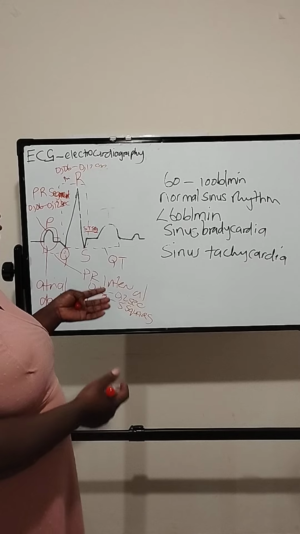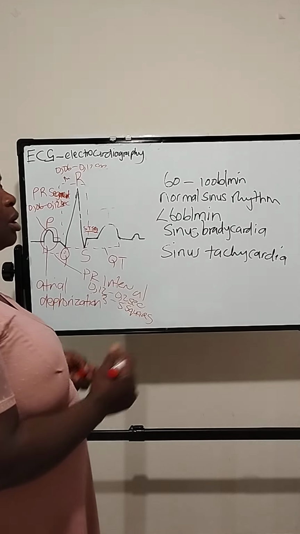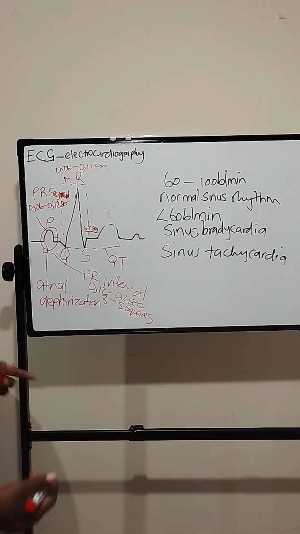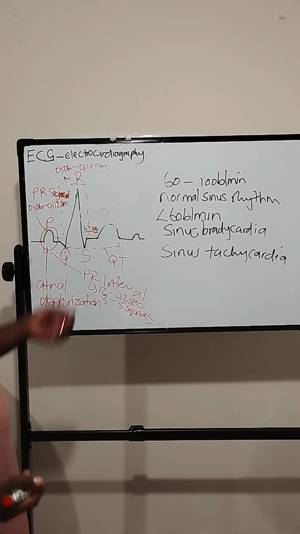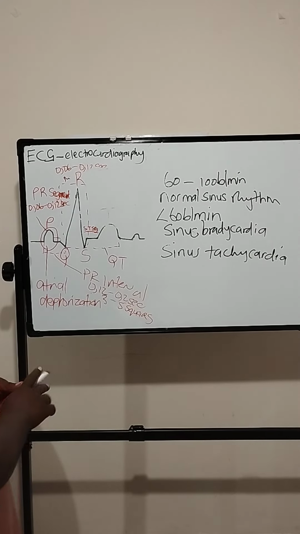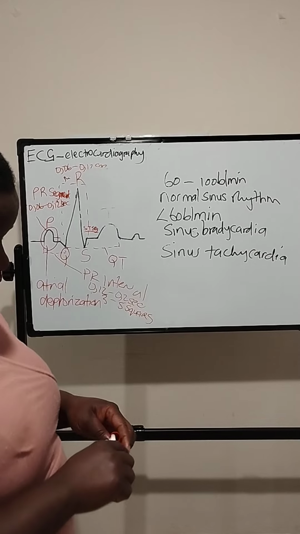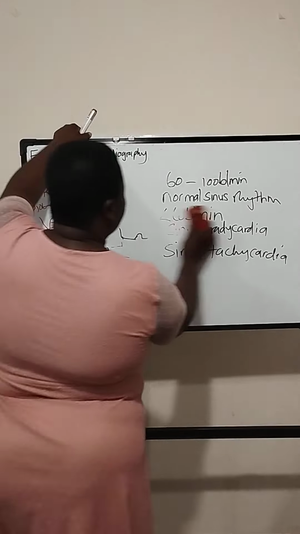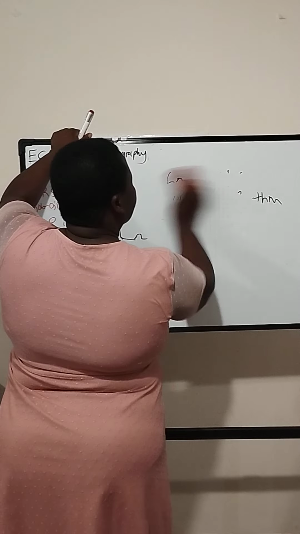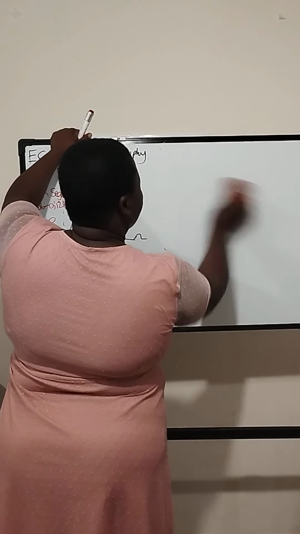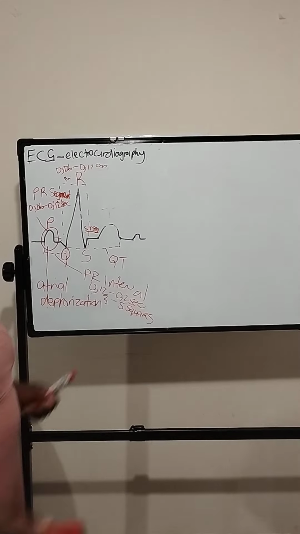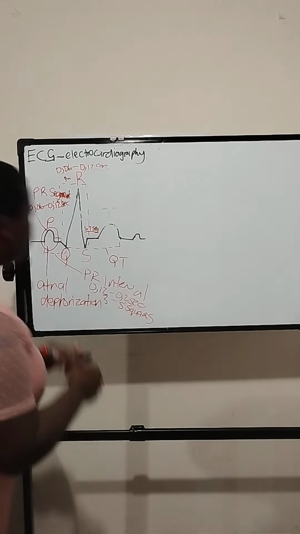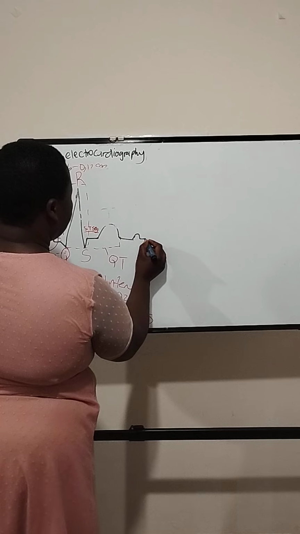So if you want to calculate the heart rate of a patient using the provided ECG, you just go to your ECG. For example, let's say this is my ECG. I'm going to draw the next.